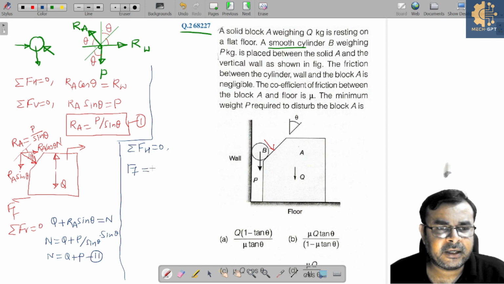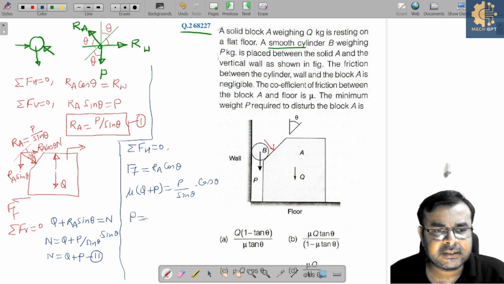So Ff is equal to Ra cos theta, yes or no? And what about Ff? Ff is nothing but mu times of normal reaction, which is Q plus P. And what about Ra? Ra is nothing but P over sin theta into cos theta, yes or no?